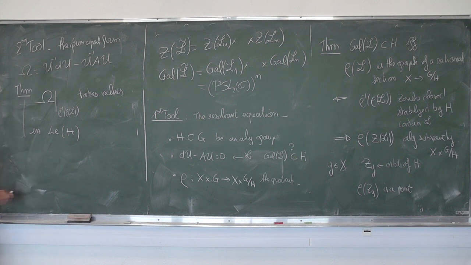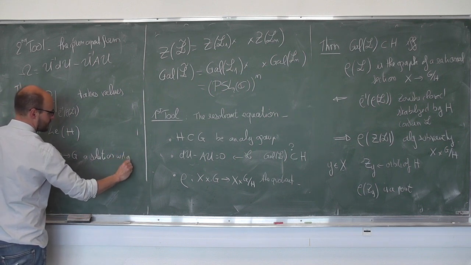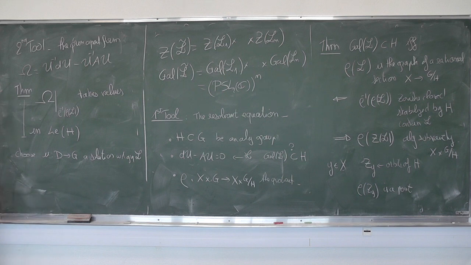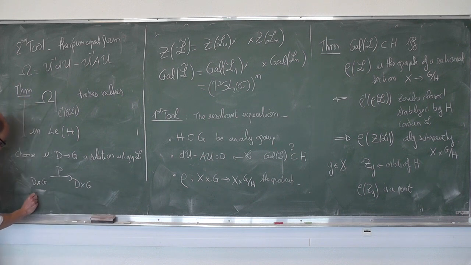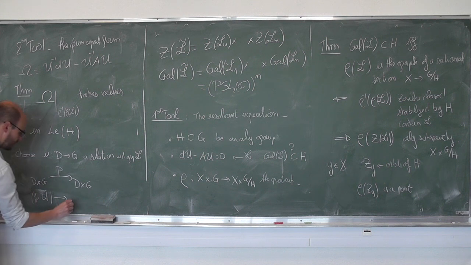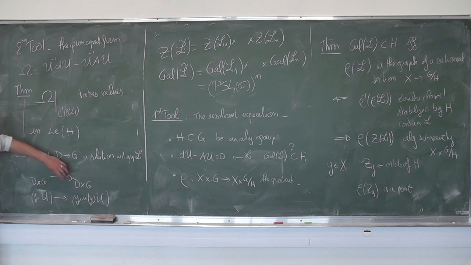So you choose a solution U from D to G as a solution with graph inside L. And then you do what we call the gauge transformation, which is just a map, a local gauge transformation, from D cross G to D cross G, that sends y and a point big U into y and u minus 1 of x of y times your big U. So you see, I am relating the solution by the left, not the right.